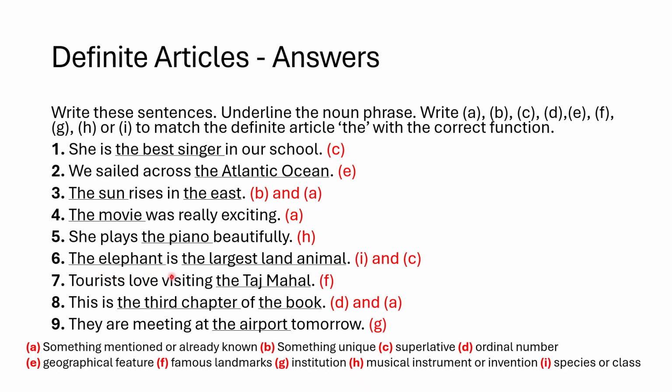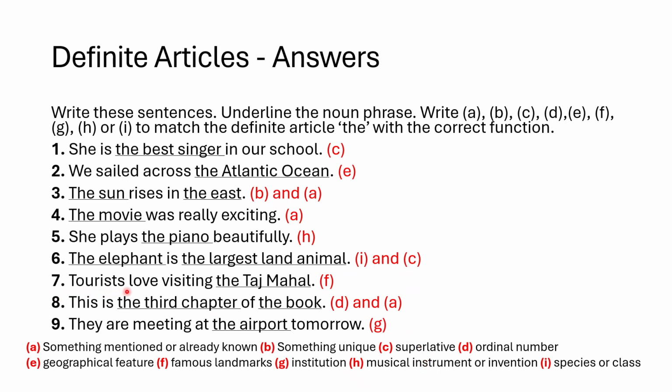The elephant is the largest land animal. You should have underlined the elephant and the largest land animal. In the elephant, the is showing a species or class, and in the largest land animal, the is showing a superlative.